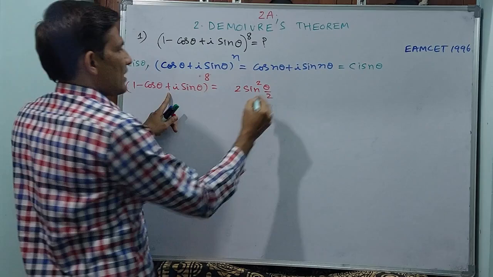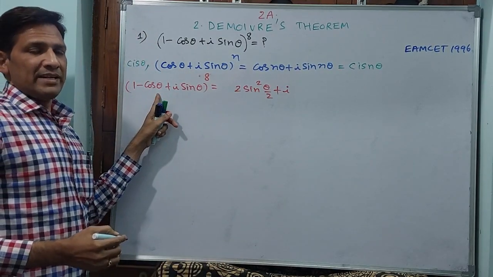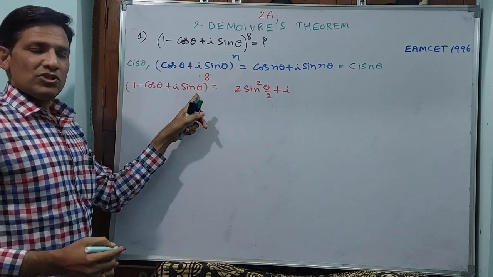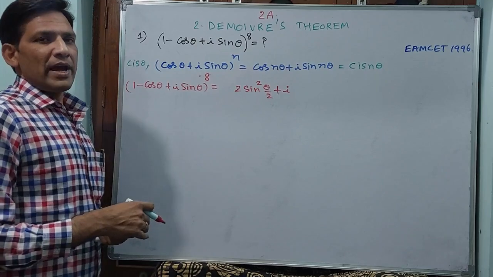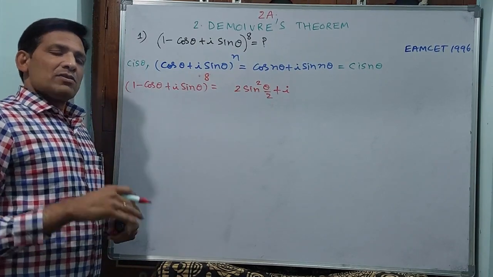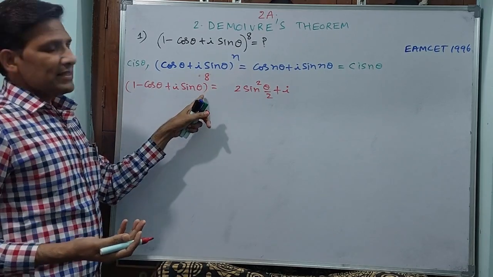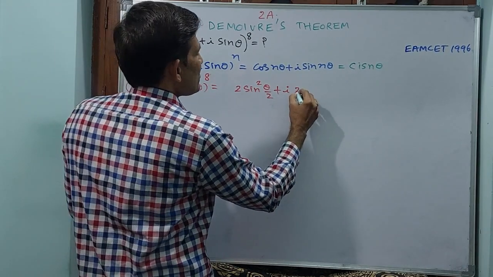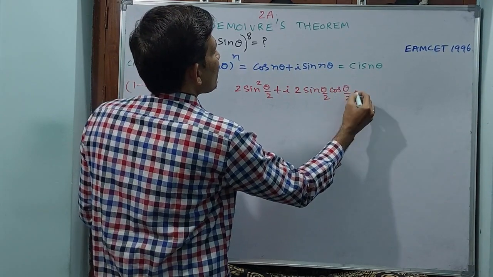When you change this side into theta by 2 form, you have to change this also into theta by 2 form. We know very well sin 2a is equal to 2 sin a cos a. So sin theta also you can write as 2 sin theta by 2 cos theta by 2.